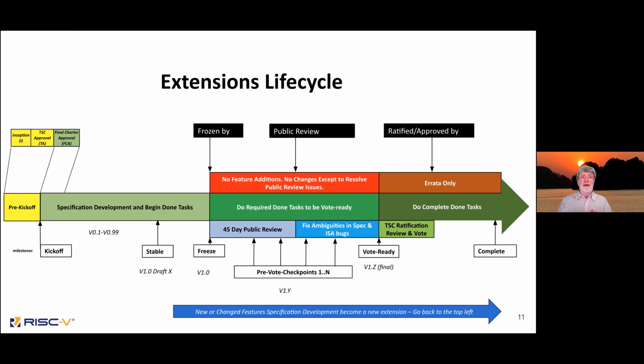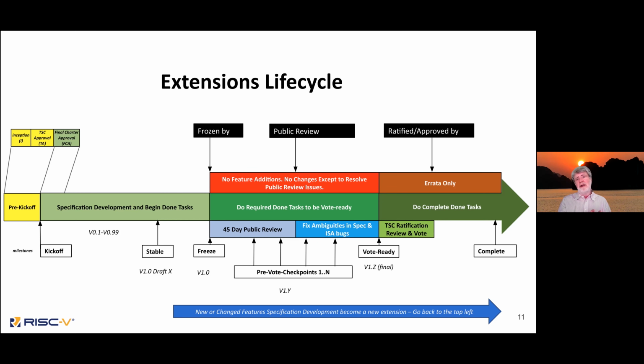During the period between the freeze and the ratification vote, there's a bunch of work that needs to be done. And so we've created this thing called the definition of done. So when you see the word done tasks, those are things like getting the compiler work done or getting the formal model done or the architectural work. And we've set guidelines for each of these milestones about what needs to be done on each one. And you'll see that in a minute.